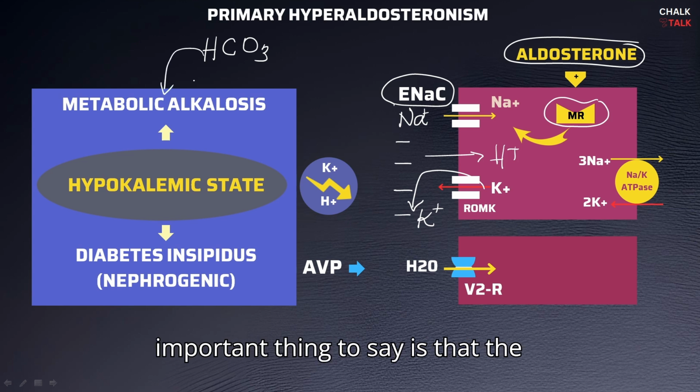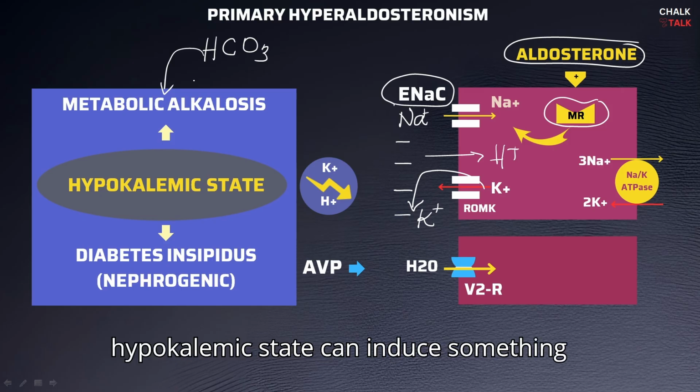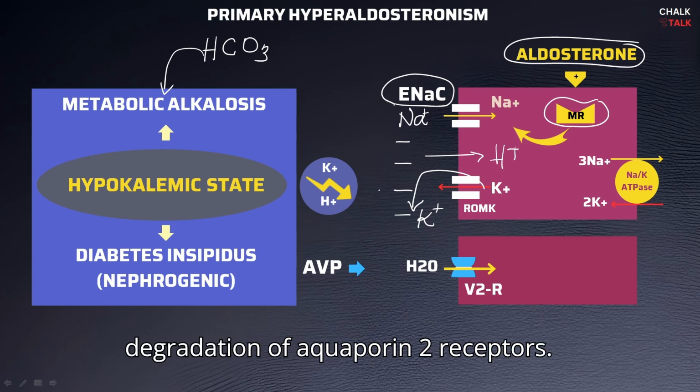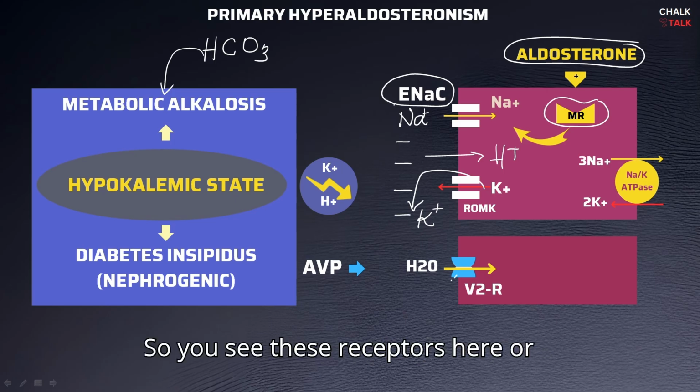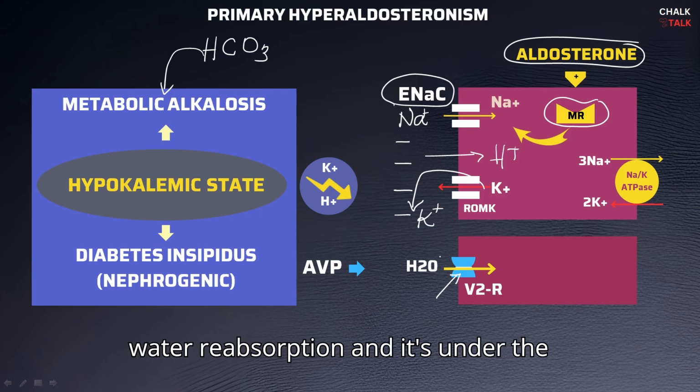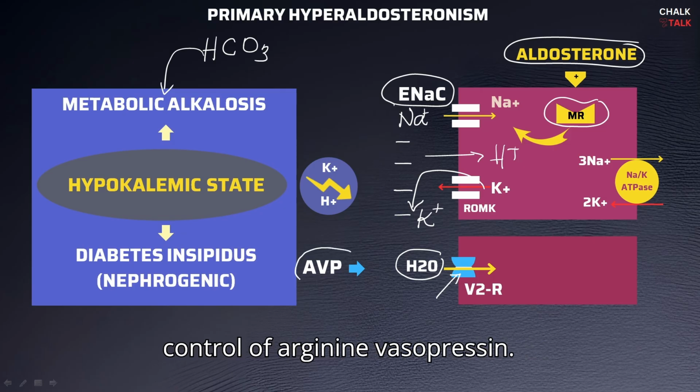Another important thing to say is that the hypokalemic state can induce something we call autophagic degradation of aquaporin 2 receptors. So you see these receptors here, or channels, that are specialized in water reabsorption, and it is under the control of arginine vasopressin.